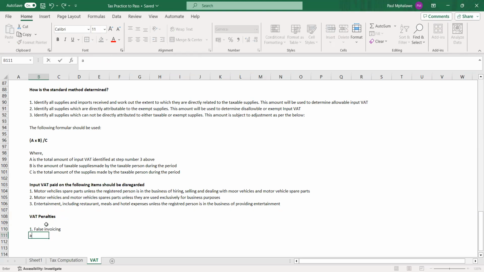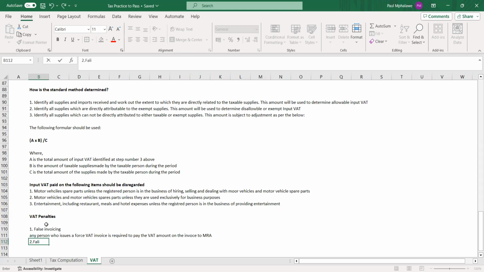So any person who issues a false VAT invoice is required to pay the VAT amount on the invoice to MRA. Okay, number two, failure to do that, you are going to be prosecuted.